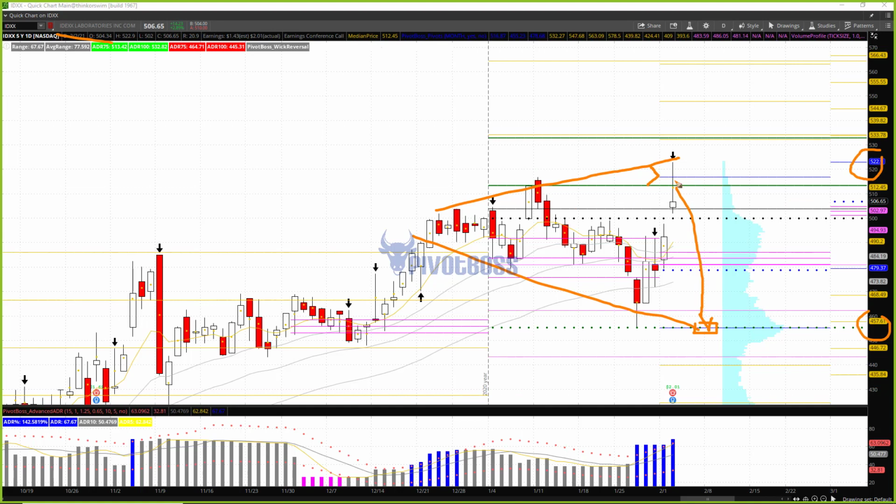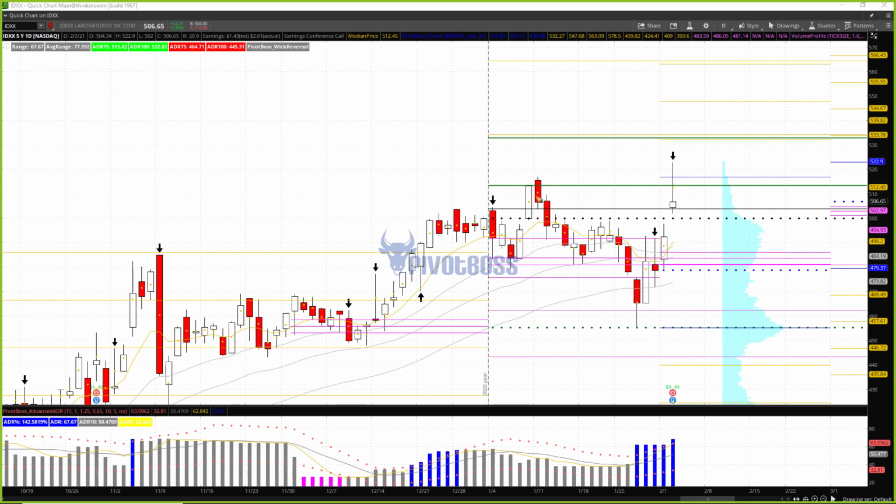If price can stay below 512 half on a closing basis, we have a good shot to fill the gap, and we have a shot to come back to the previous month's close and perhaps as low as the previous month's low. So we have a shot to get all the way back down to the 455s, I would say, in the worst, or I guess in the best case scenario for shorts.